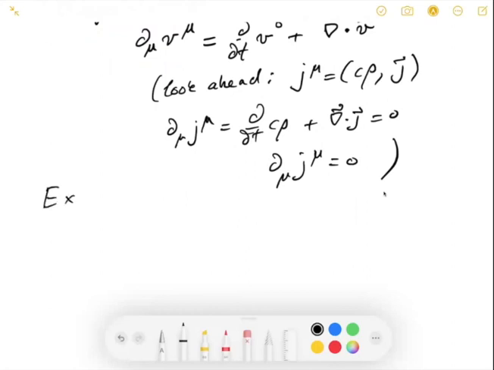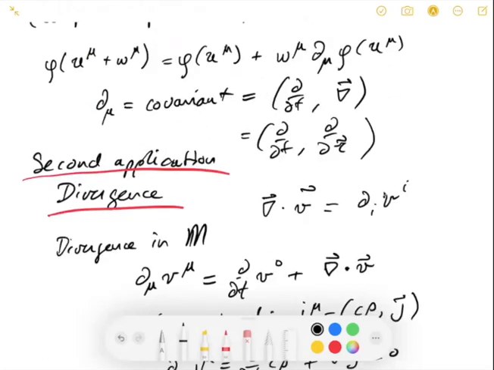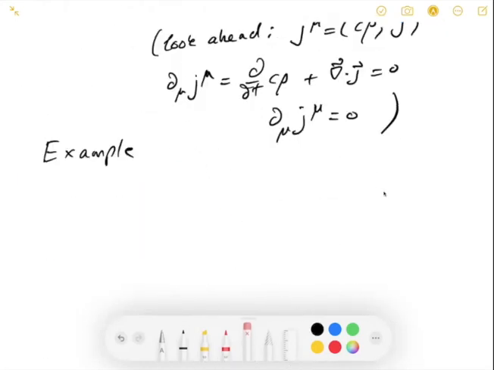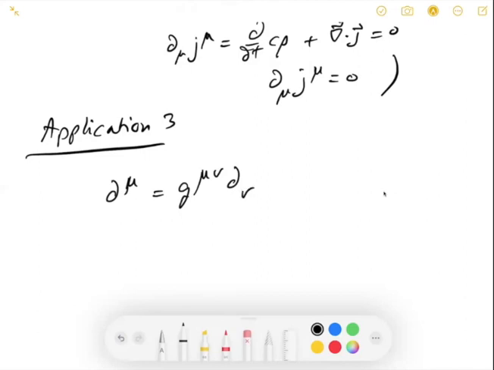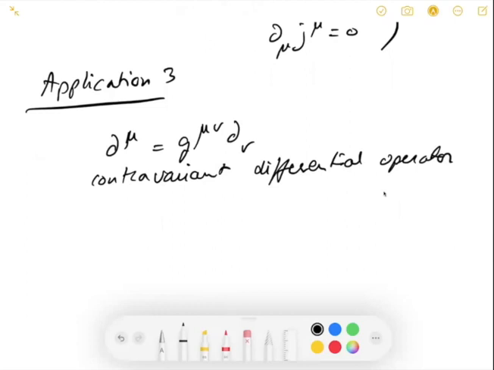Okay, so example 3, they say examples or applications? Application. Well, first, let's call this the contravariant differential operator. So remember that g just flips the spatial part.